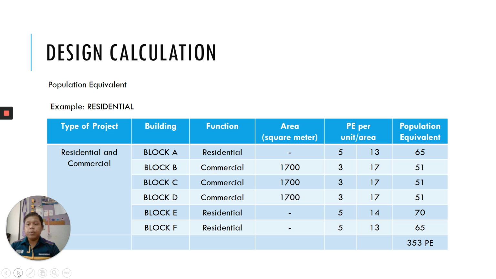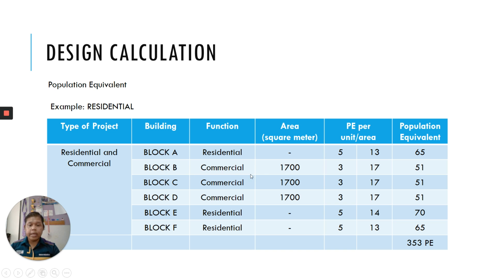So this is how we calculate the population equivalent, because this is considered a residential area, built up with residential and also commercial area. For residential, it is equal to 5 PE per unit, and because I have 13 units of houses, the total population equivalent is 65.